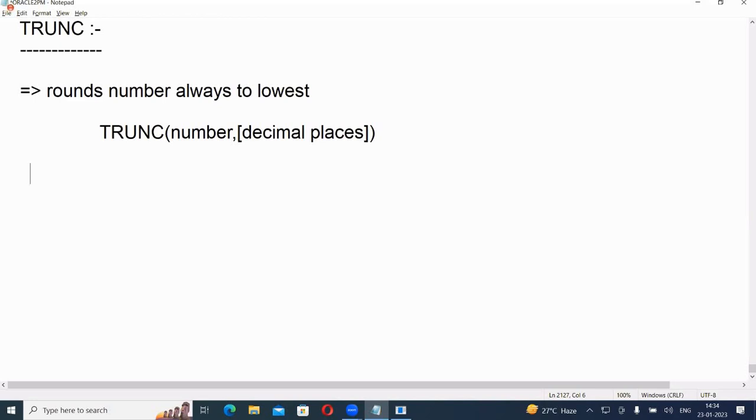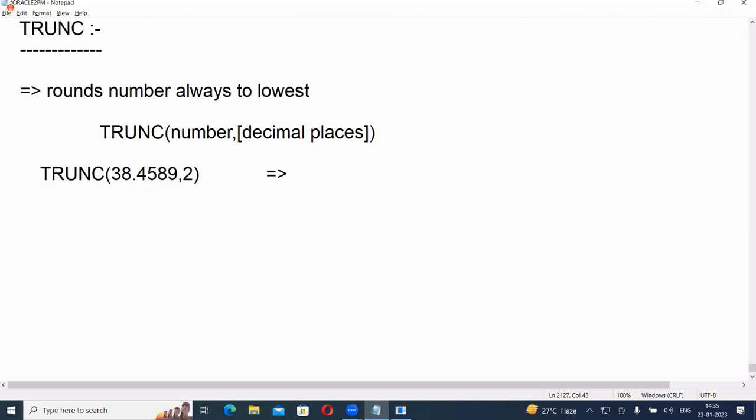Now let's take an example, trunc of 38.4589, comma 2. Then 38.45. You are asking to round this number to 2 decimals.